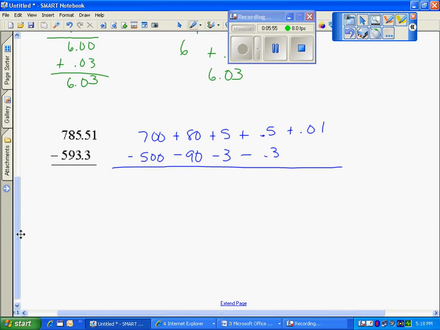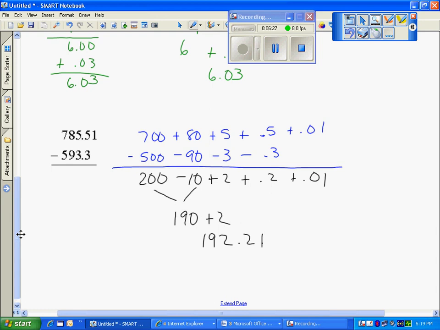Hundreds column first, 700 take away 500 is 200. 80 minus 90 leaves me in the hole 10. 5 minus 3, I still have 2. 50 cents, take off 30 cents, or 5 tenths minus 3 tenths leaves me 2 tenths, and I still have that extra penny or hundredth. 200 minus 10 is 190, plus 2 is 192, 2 tenths, and 1 hundredth.